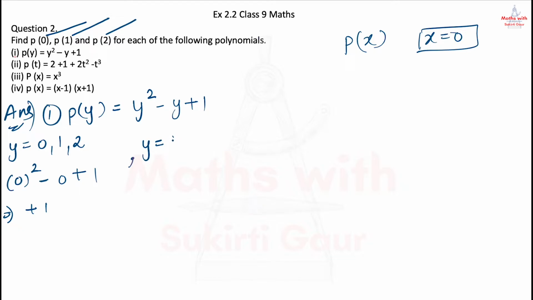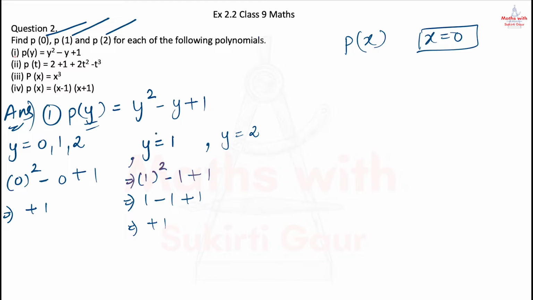Now taking y equals to 1. 1 square minus 1 plus 1. 1 square will give us 1 minus 1 plus 1. 1 minus 1 will give us 0, and plus 1 will be left. Same at y equals to 2, because the variable in this polynomial was y.